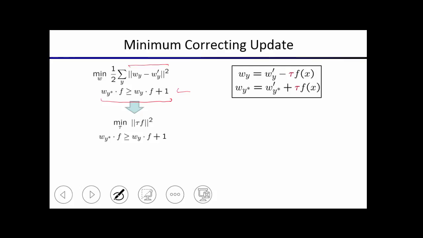So you can rewrite this as minimizing tau times F, which is the difference between your current and previous weight vector, subject to your original constraint.